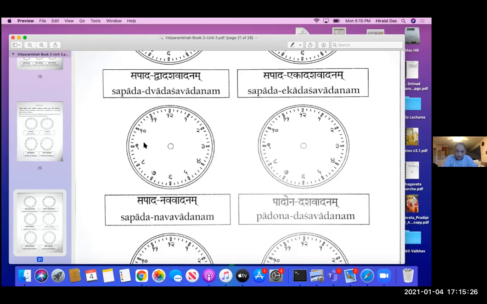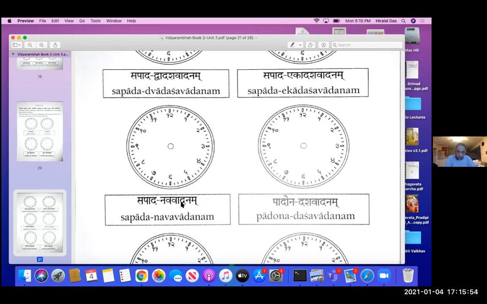And then the long hand, I think, is at 6. Longhand where? Sapad. No, 6 is Sardha. That means it must be at 3. Exactly. So always remember: Sapad is 3, Sardha is 6, and Padon is 9.